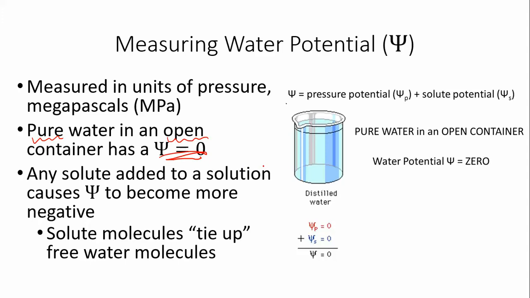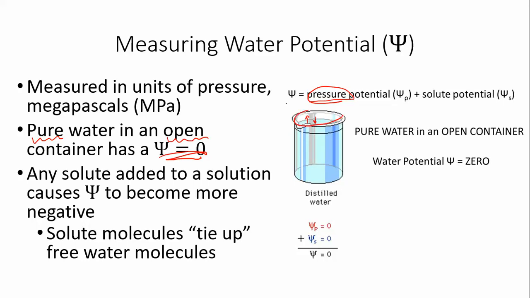The reason why it's got to be an open container is because the container you stick this in can exert pressure potential, basically add pressure to the water. And so if you're in an open container, you don't really have an effect of pressure, meaning this water is free to expand up or contract down because there's no restrictions from the container.